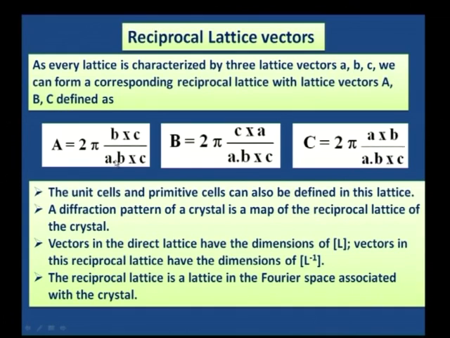The volume of the cell, a dot b cross c, comes in the denominator.